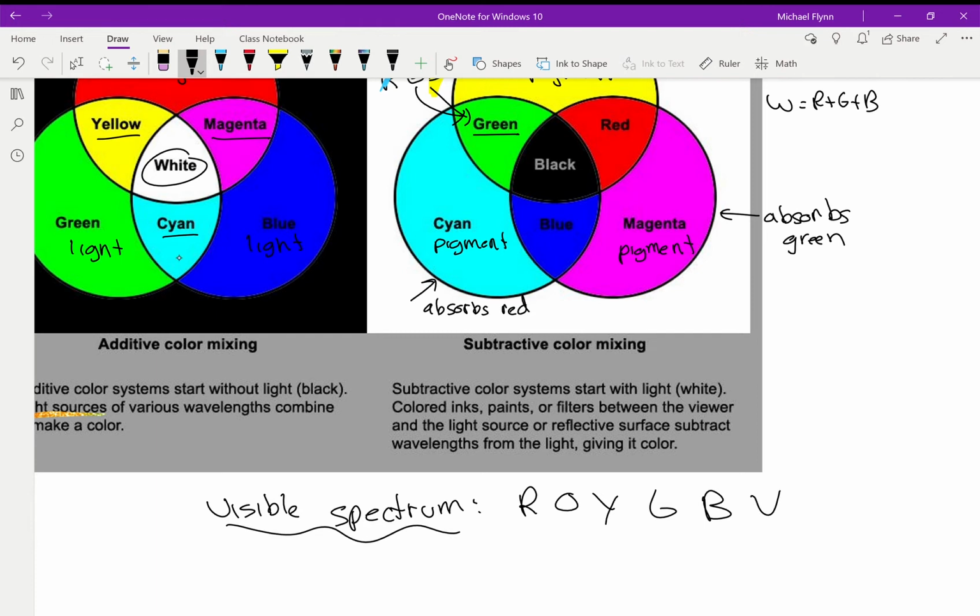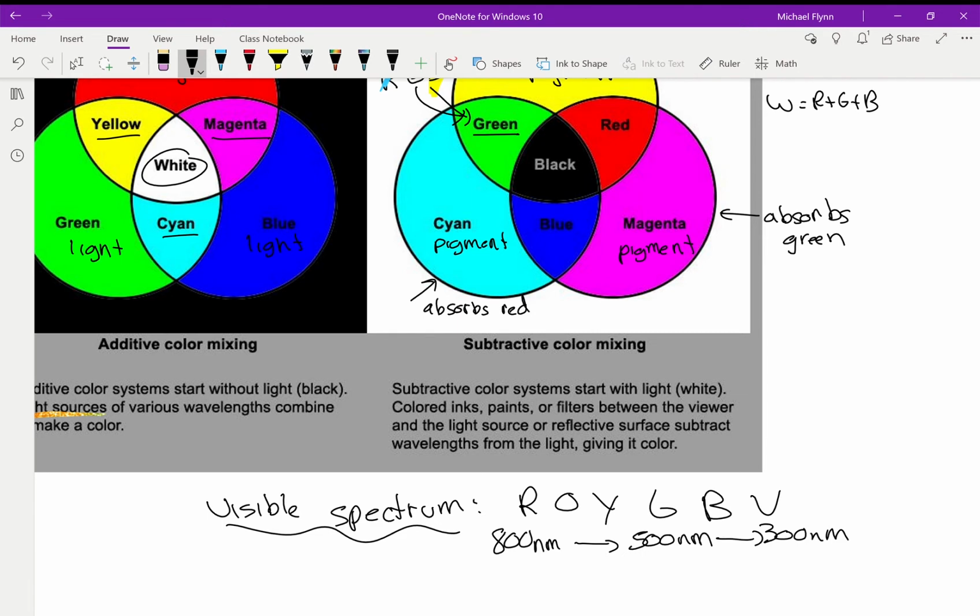This is around 700 nanometers. Let's round it to 800 nanometers here. Here in the middle is around 500 nanometers. And then down here we're down around 300 nanometers on the violet side. So from long to short, that's your range of wavelengths.